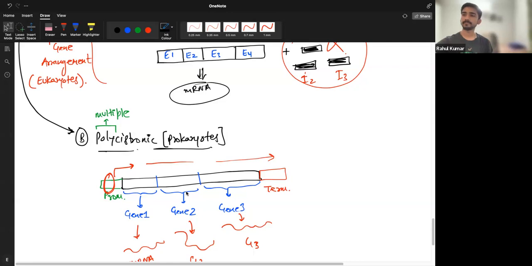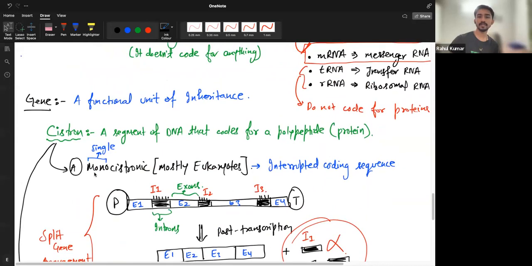What is the benefit of having a promoter and a terminator for every single gene in a monocistronic arrangement?